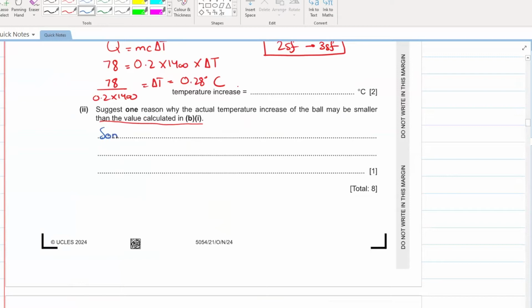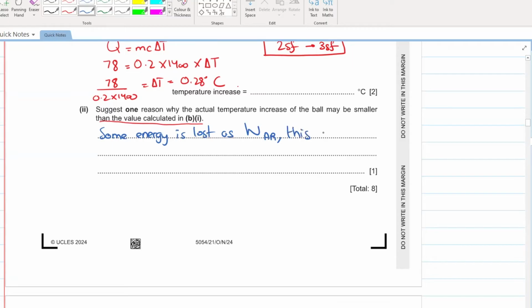Now, please look at how I'm writing the answers. थोड़ा सा understand करने की कोशिश करो. Subconsciously इस तरह ही answer देना है, you guys. Some energy is lost as work done against air resistance.